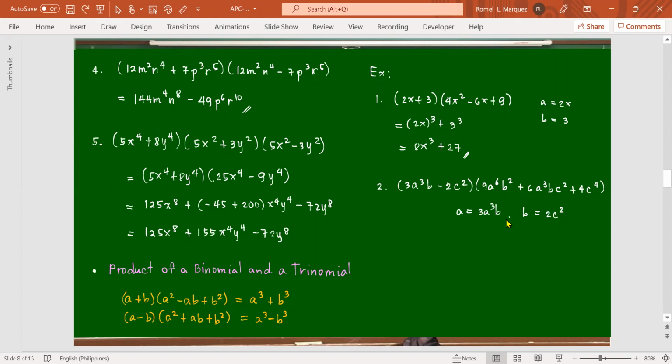So what's now the product? Cube the first. If you can't do it mentally, you write it first. Minus the cube, because this is a difference. 2C squared quantity cubed. And that is equal to 27A to the 9 B cubed minus 8C to the 6.